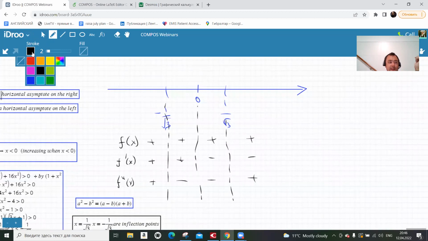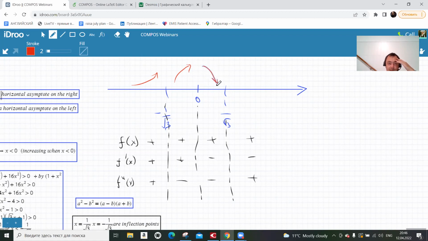All right, and then we can see that here the function is positive, increasing, and convex. So it's going like this. Here the function is positive, decreasing, and concave, like this.